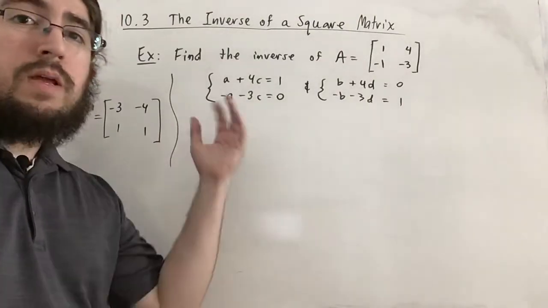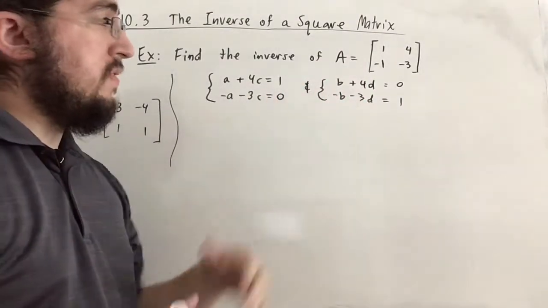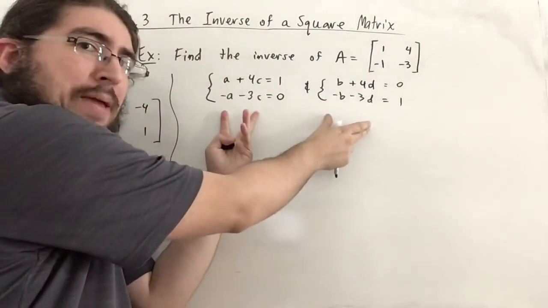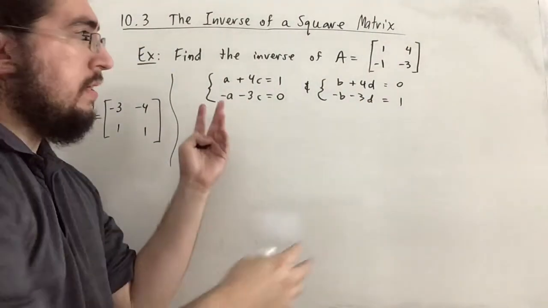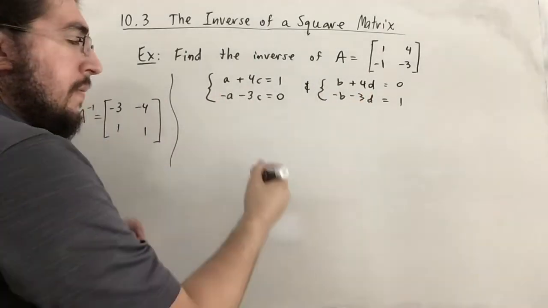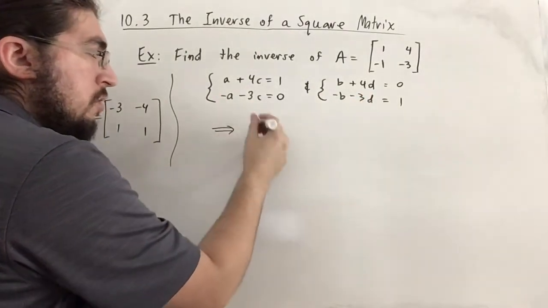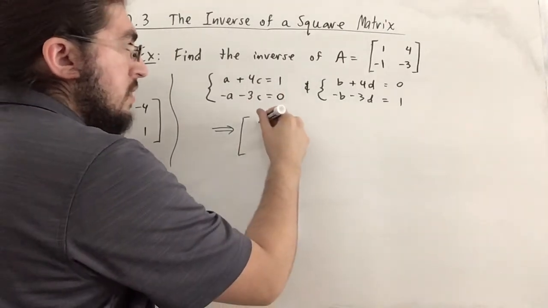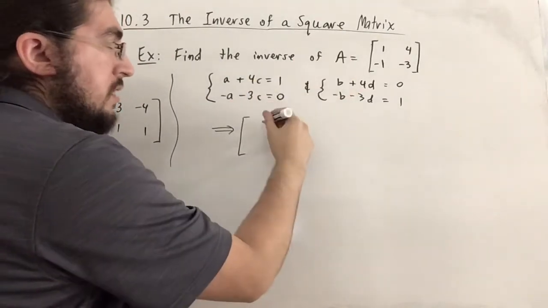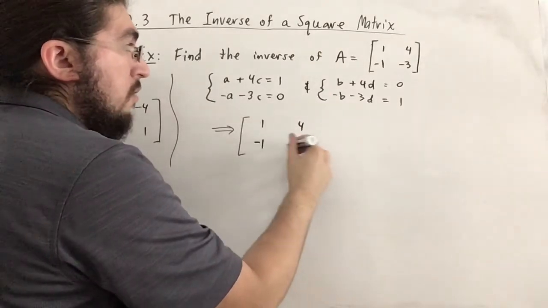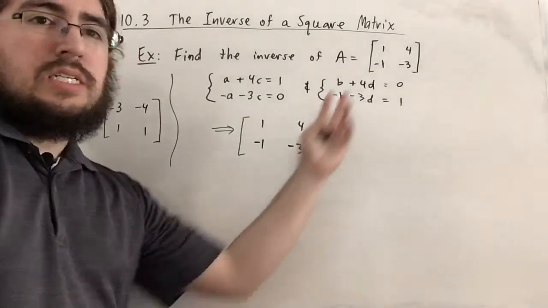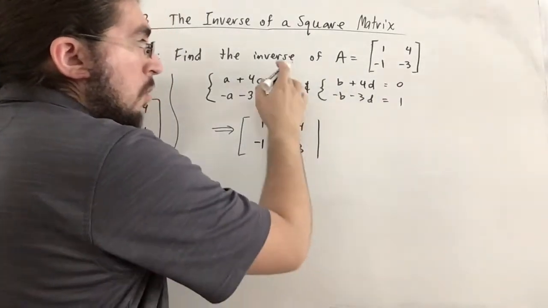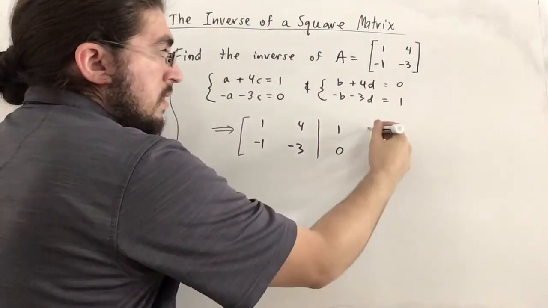All right, so recall we ended up with these two systems of equations. What you may or may not have noticed is that the left sides are actually the same. The variables are different, sure, but the left side coefficients are the same. So in fact, what you can do is solve this system of equations as the following matrix. I'm just going to write the coefficients 1, 4, negative 1, negative 3, which by the way is just this original matrix, so there's no surprise there, and 1, 0, 0, 1.